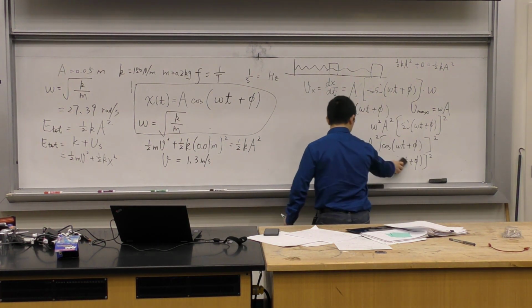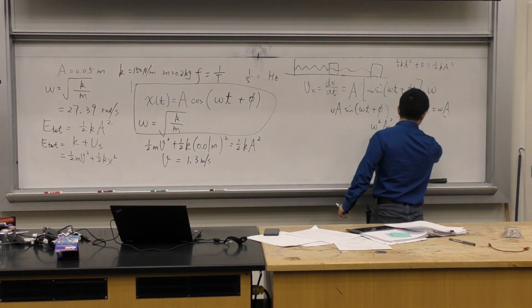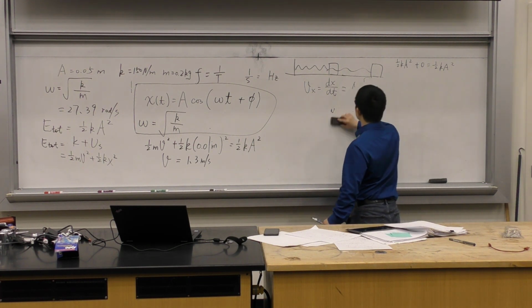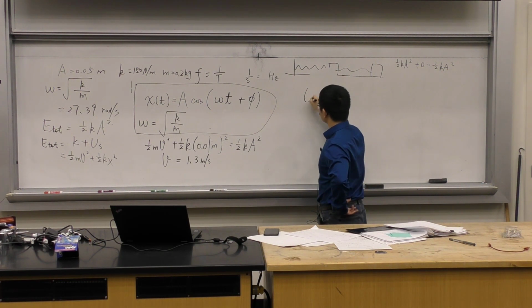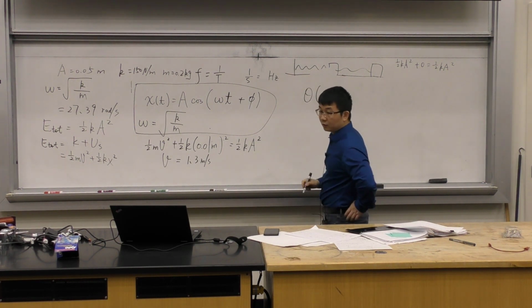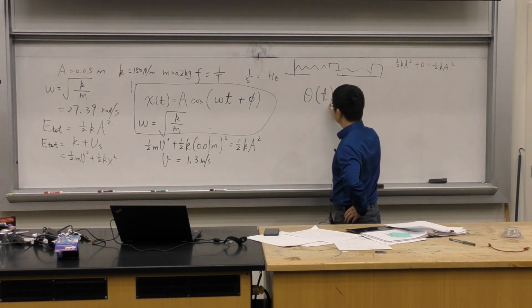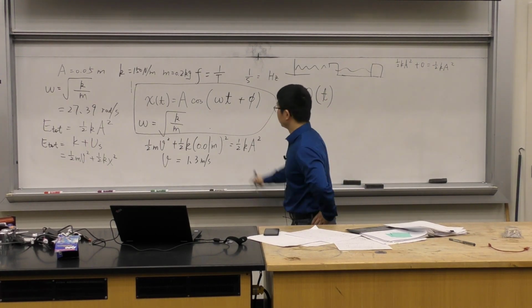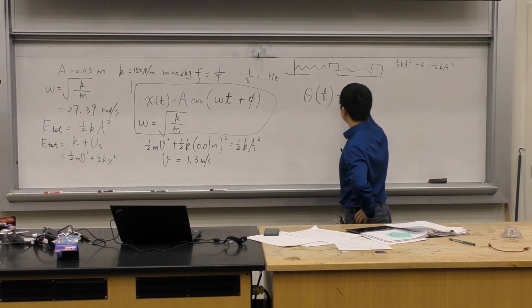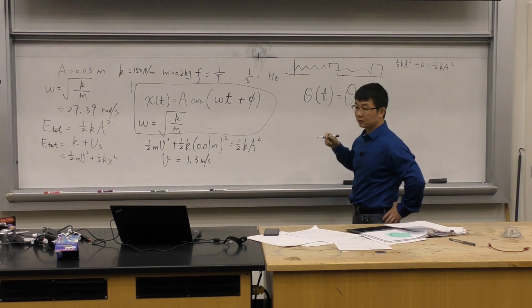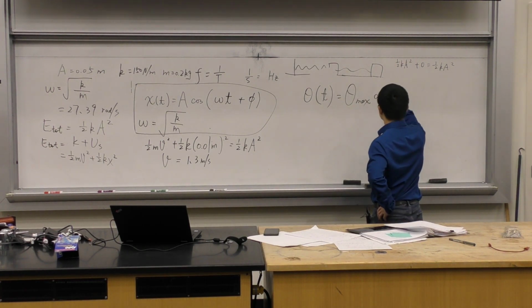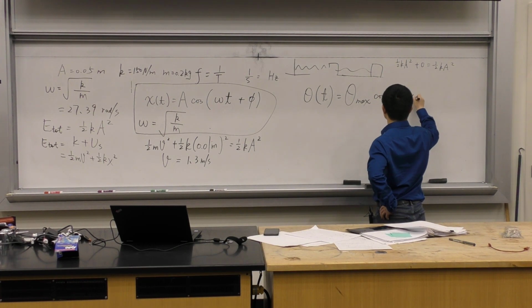You do some math, but we're not going to do that in this class. We're just going to use the conclusion. The angle of the pendulum is also a function of time, and it's going to be similar to that. It's the amplitude, which is the maximum angle you pull it, times cosine omega t plus phi.